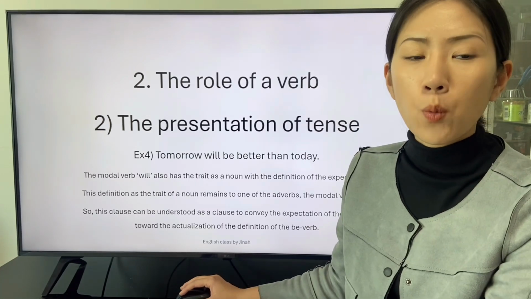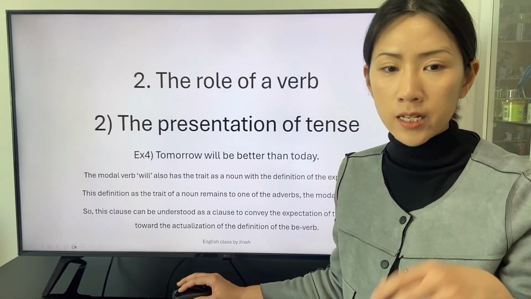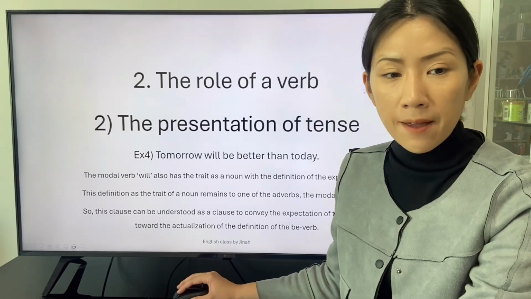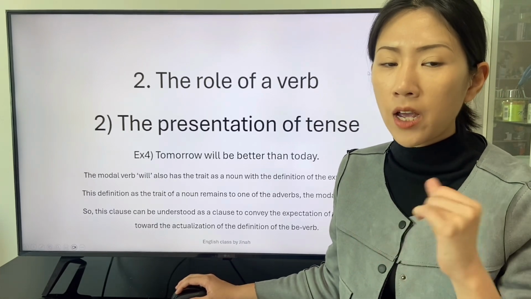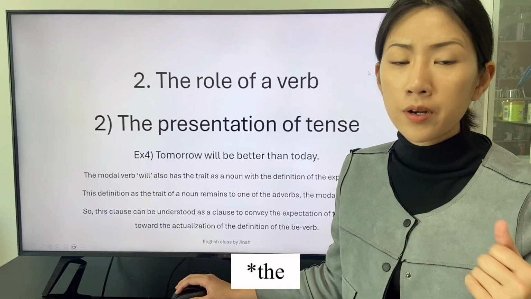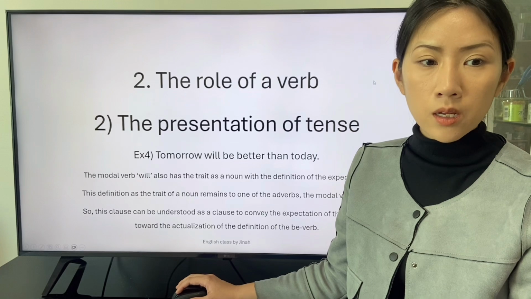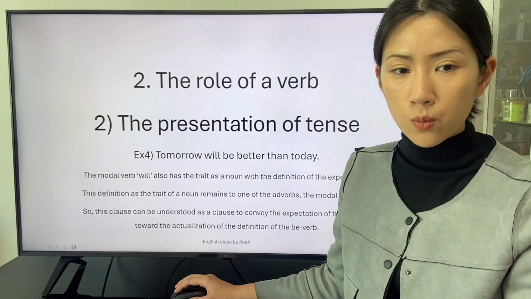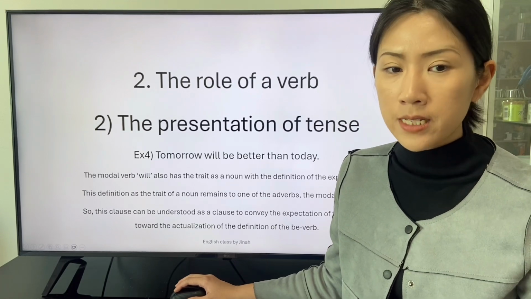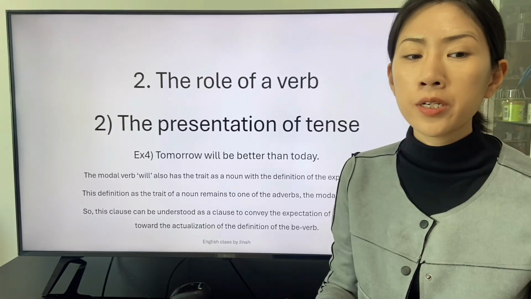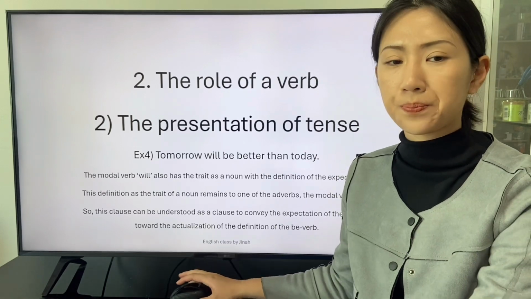The modal verb will also has the trait as a noun with the definition of the expectation. This definition as the trait of a noun remains to one of the adverbs, modal verb will. So, this clause can be understood as a clause to convey the expectation of the speaker toward the actualization of the definition of the be verb.